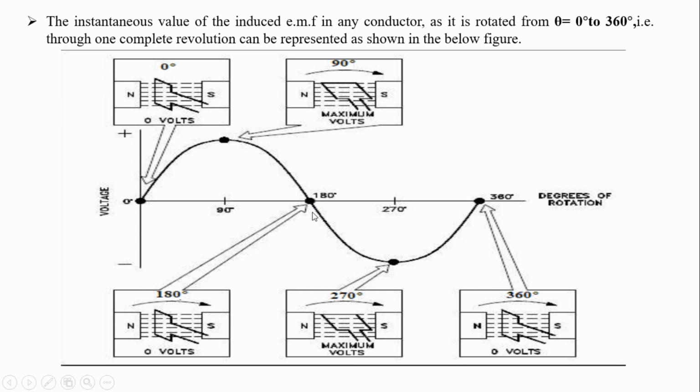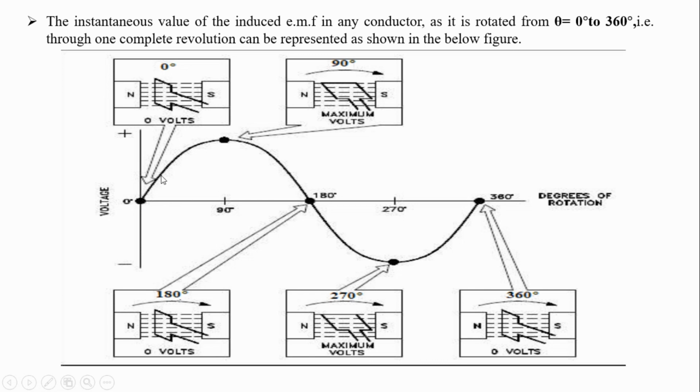If we rotate the coil further, that is beyond 180 degree, the direction reverses. At theta is equal to 270 degree, it is the exact case of theta is equal to 90 degree, but the direction reverses. And then at theta is equal to 360 degree, we will get the same position as that of theta is equal to 0 degree.